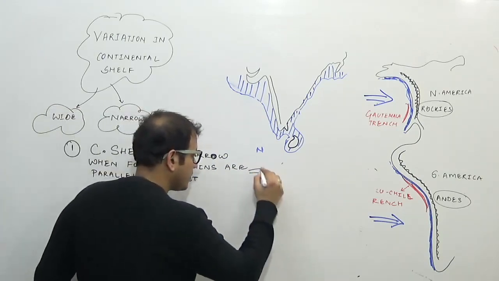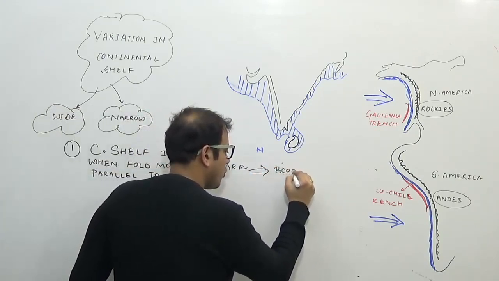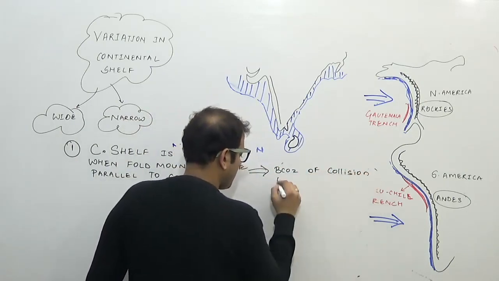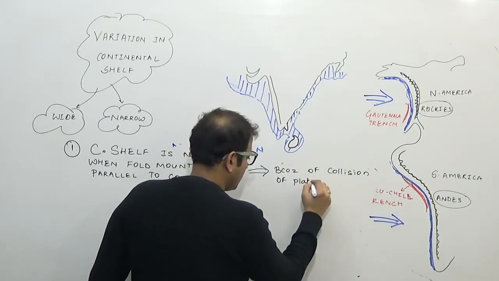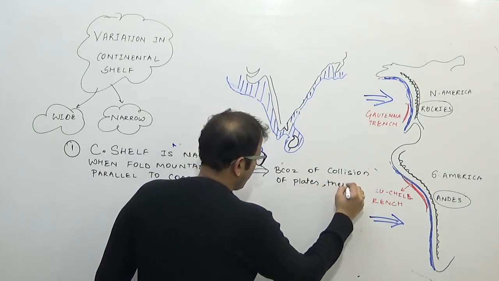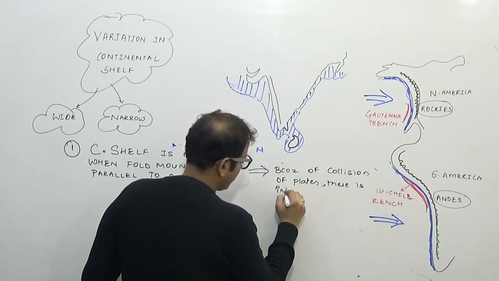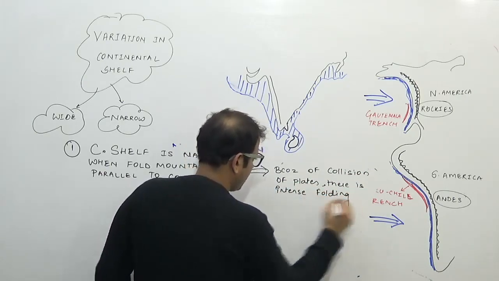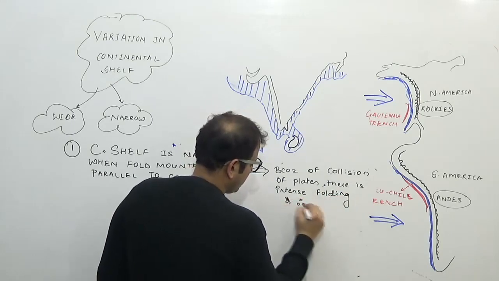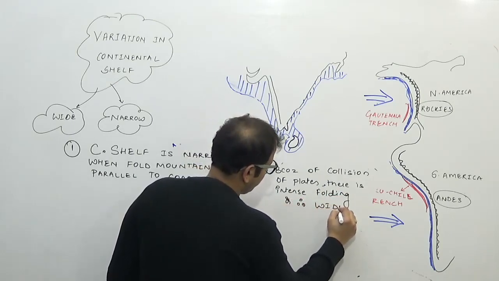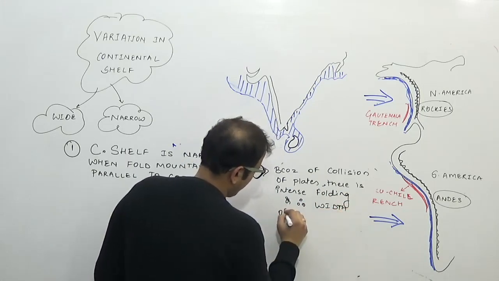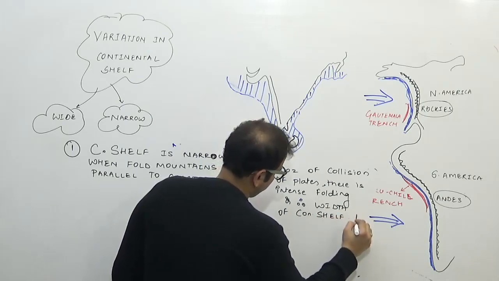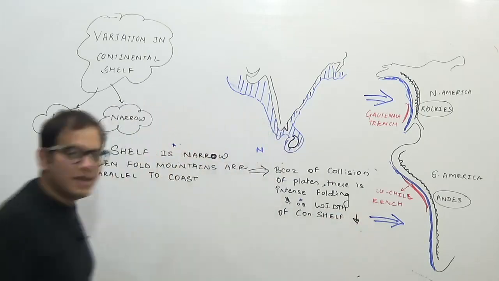Because of collision of the plates. There is intense folding, and therefore the width of the continental shelf decreases. Therefore, the width of the continental shelf decreases.